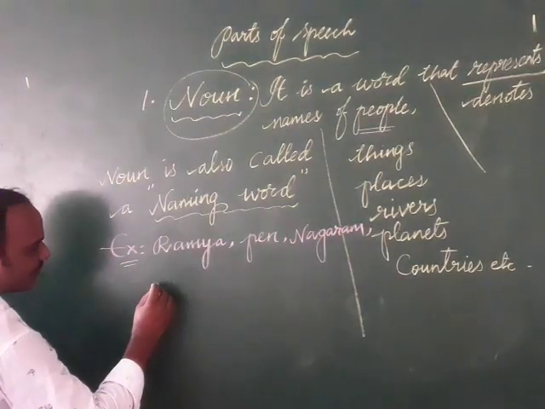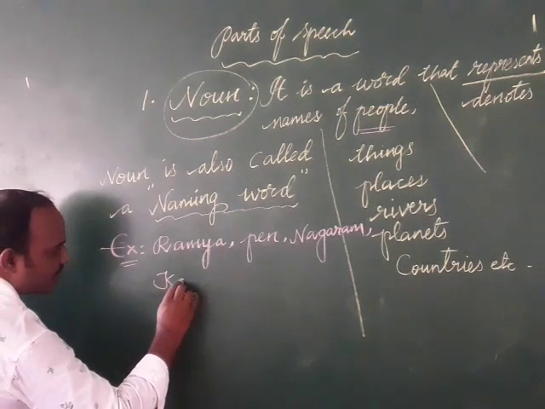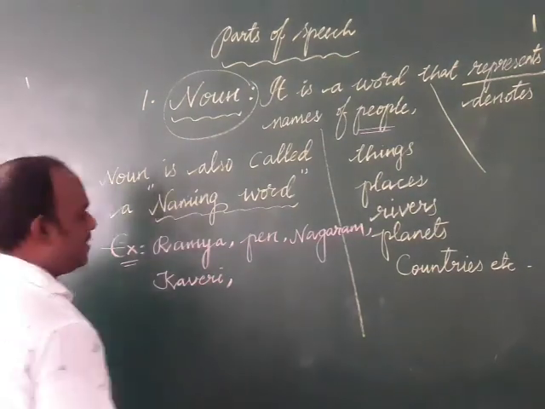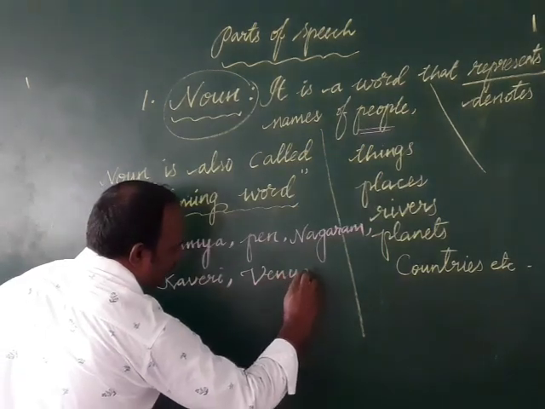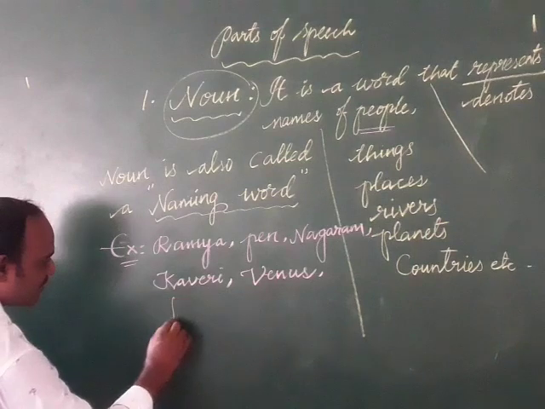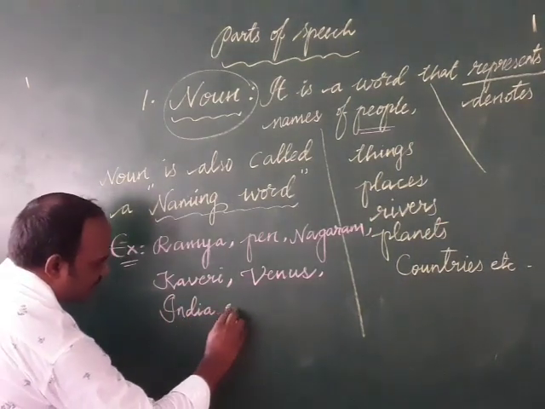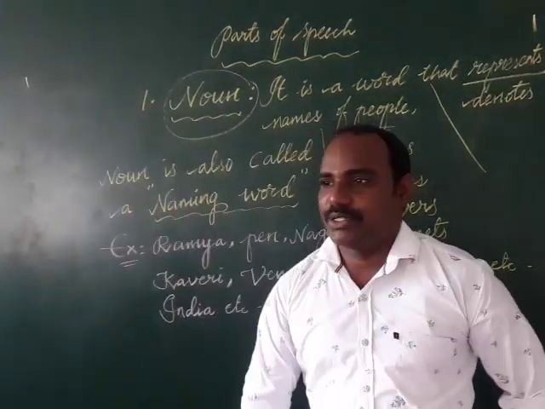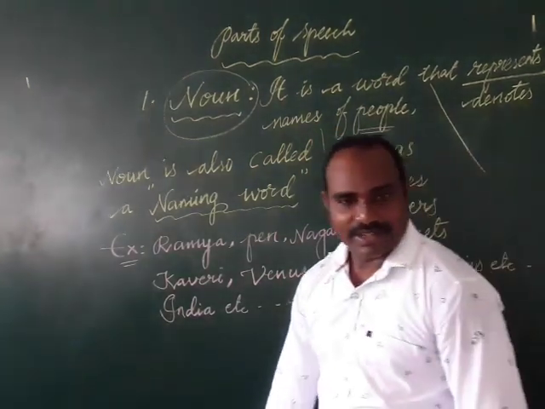Rivers: Kaveri. Planets: Venus. Countries: India, etc. So these are the examples for nouns. Let me write these in a notebook.